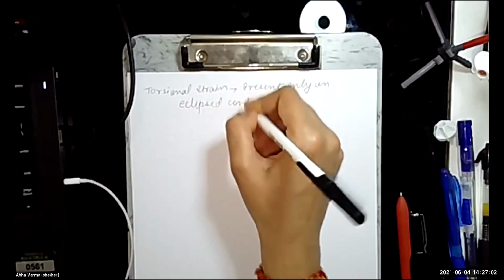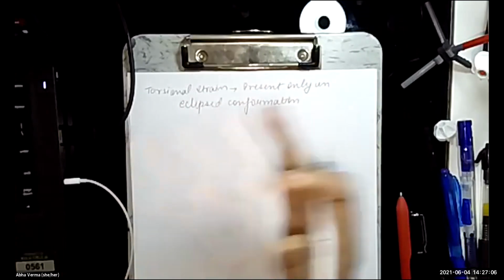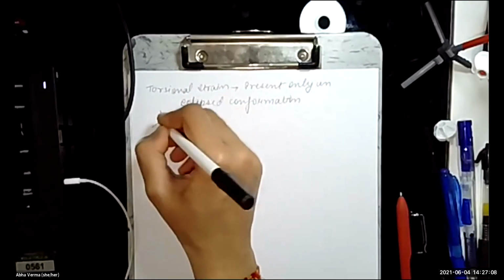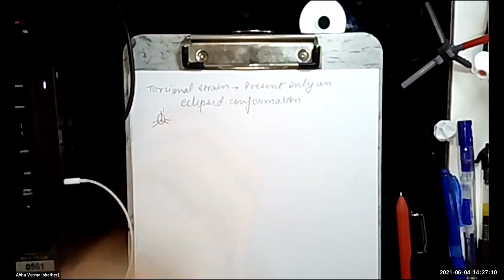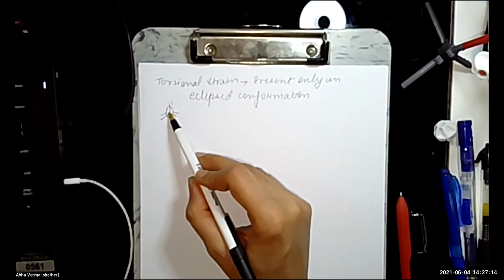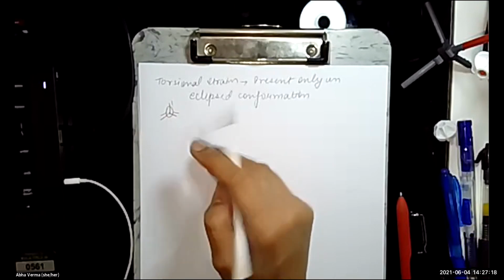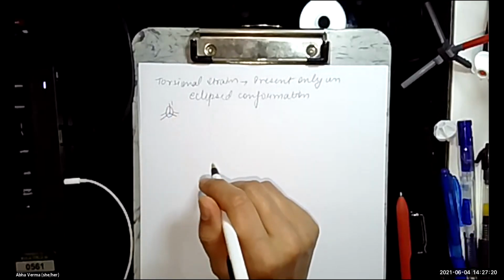What are eclipsed conformations? When you have back to back, right? So this is what your eclipsed conformation will look like. Why? Because the electron repulsions between the bonds are maximum here.